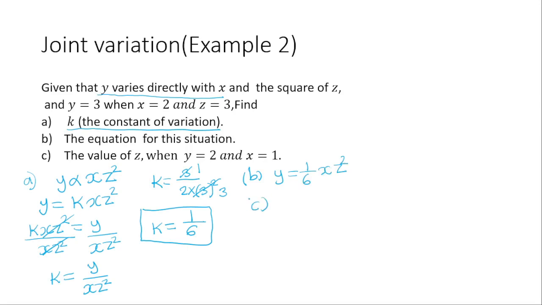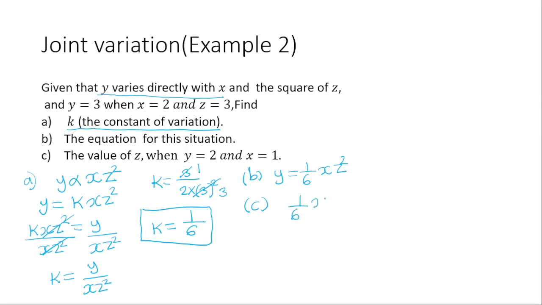We move on to part C. The value of z when y is equal to 2 and x is equal to 1. So in this situation, the subject of the formula is y. We need to make z the subject of the formula, like what we've been doing in the past.